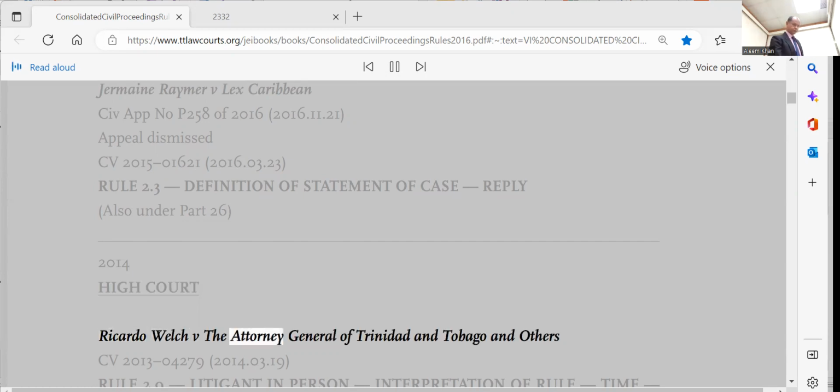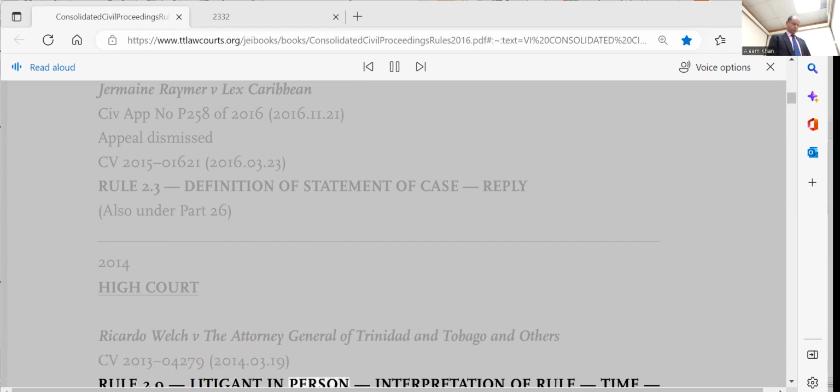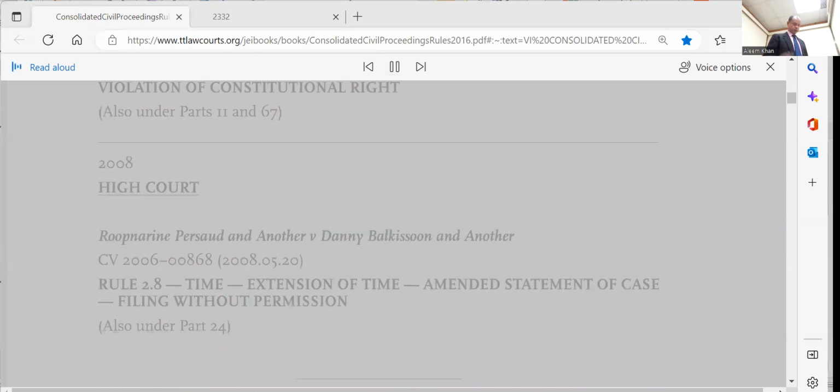Ricardo Welch v. the Attorney General of Trinidad and Tobago and others, CV 2013-04279, March 19, 2014, Rule 2.9, Litigant in Person, Interpretation of Rule, Time, Violation of Constitutional Right, also under Parts 11 and 67.